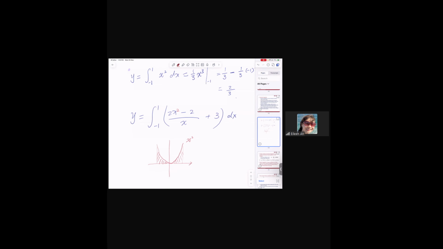But if we want to calculate the area, now assume we have another one. We have a rectangle. This is minus 1, this is 1, and this is t, for example. Can you tell me what the area is?